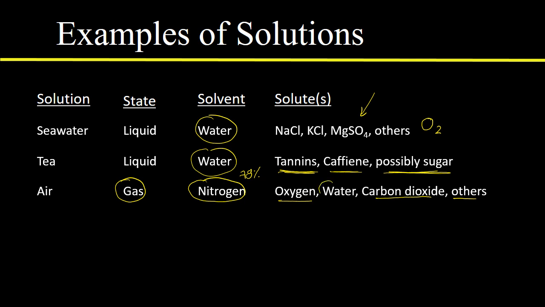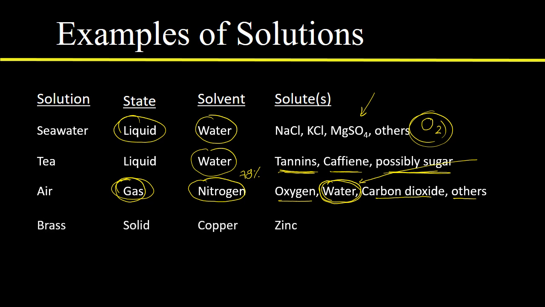And I'll mention this one here too. There's usually a fair bit of water vapor in the air. And so water is something we normally think of as a liquid, but you can have a few gas phase water molecules in that mixture. My reason for pointing that out is that you can have things that are typically liquids in a gas solution, and you can have things that are gases in a liquid solution.